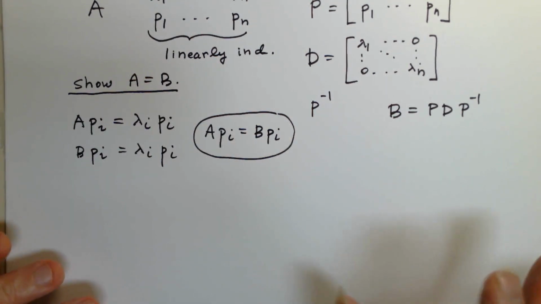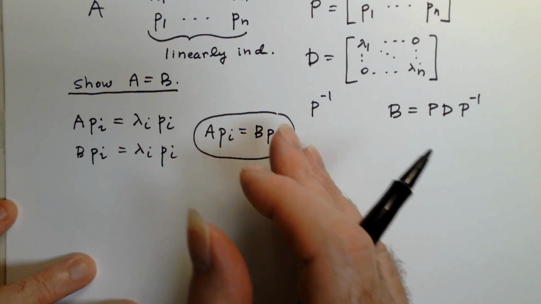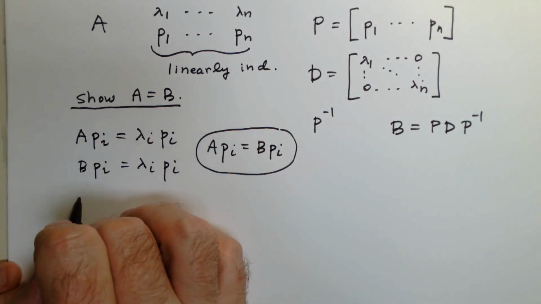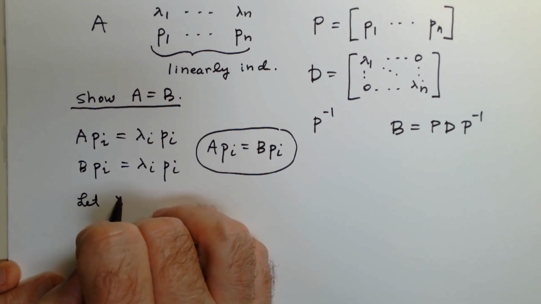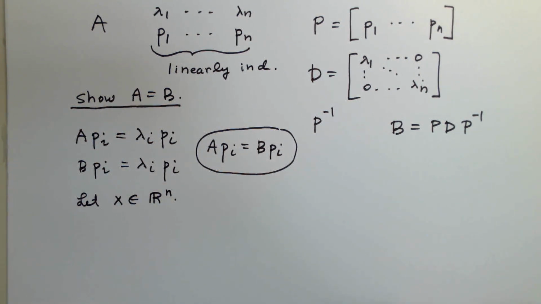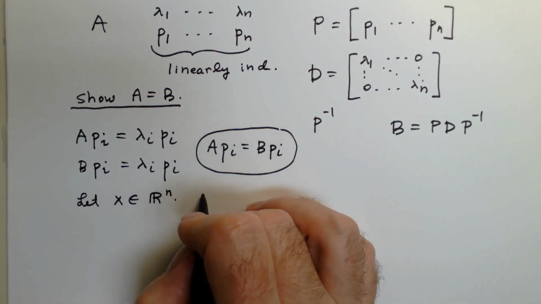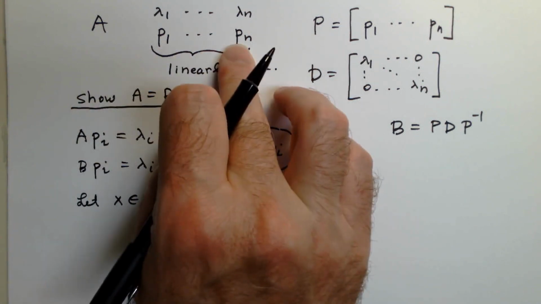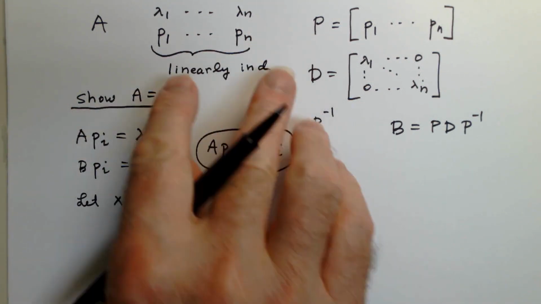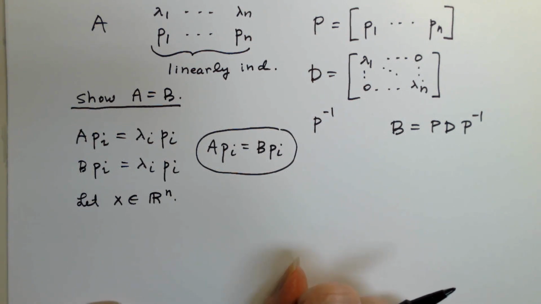Now, let's see how we can use that fact to show that A and B are equal to each other. So let x be any vector in Rn. We know that the vectors P1 through Pn, being linearly independent and being n in number, form a basis for Rn.